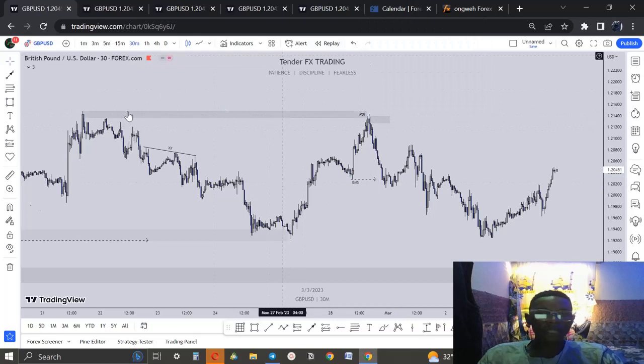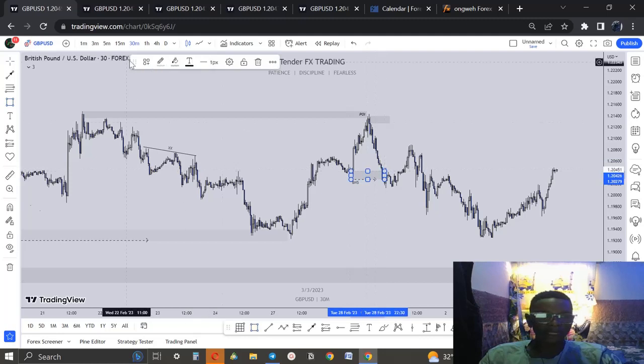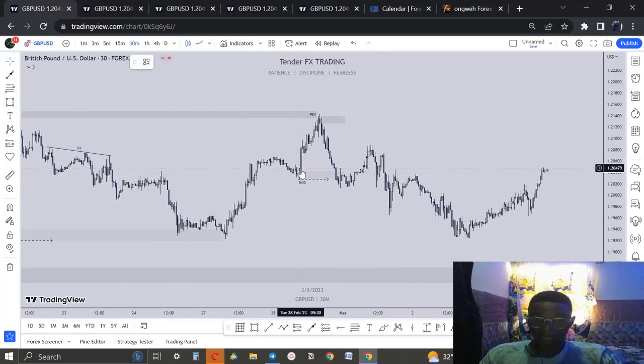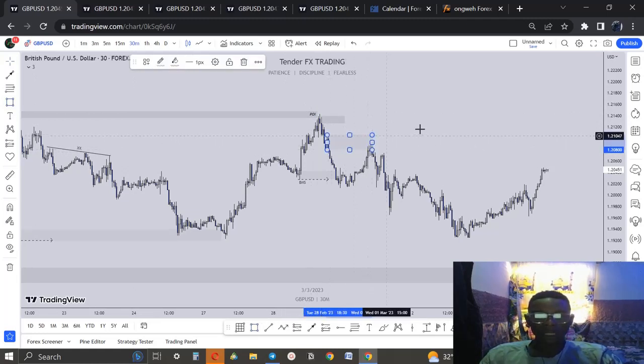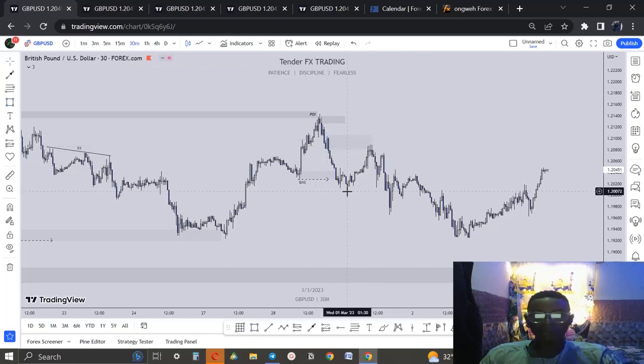So when we have this break of structure, we have a supply zone that fails to hold price right here. That supply zone was taken out. This demand zone fails to hold price, and we can see how they take out that demand zone. So where I was looking for sells, I was looking at this supply zone right here, because this was the last bullish candle before the down move, right?